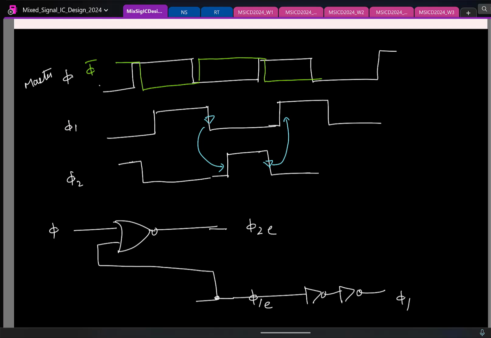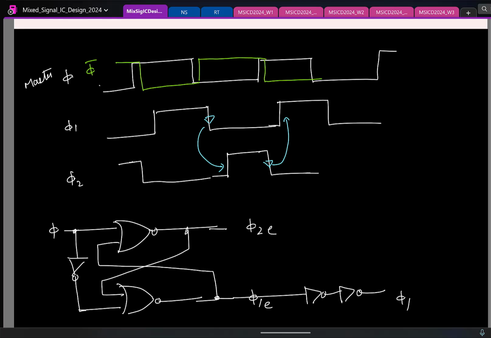So here I have to get phi 1 when both of them are 0. What do I do? I do NOR of phi bar and phi 2. Yes, it is an SR latch, but it is not operated as a latch here. Of course, to generate phi bar from phi, you put an inverter and that kind of thing.